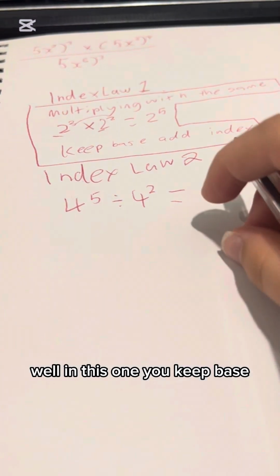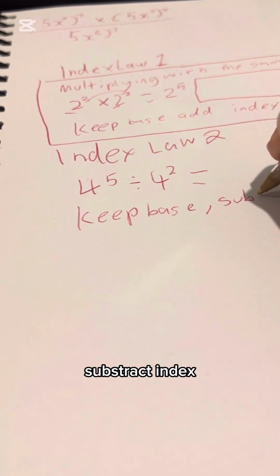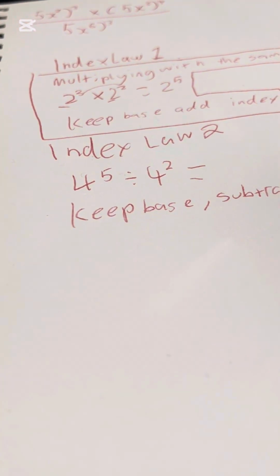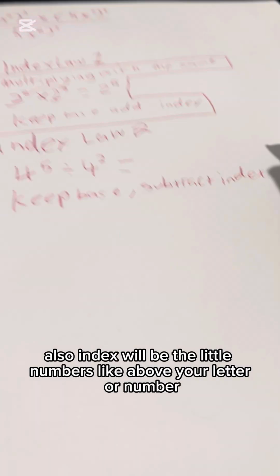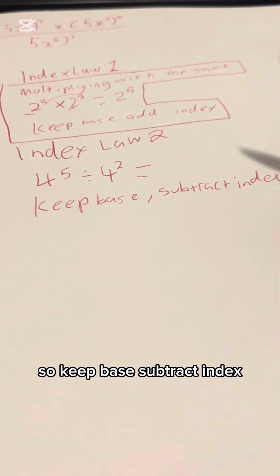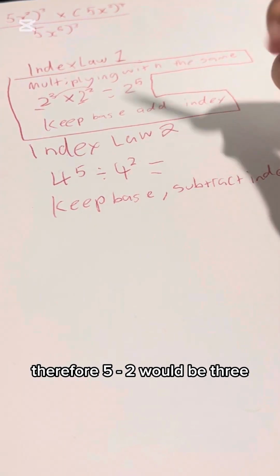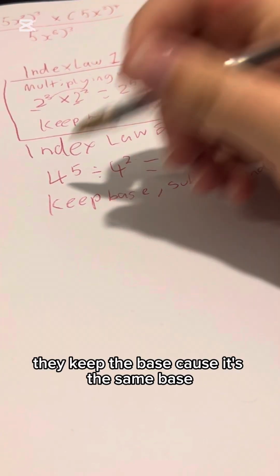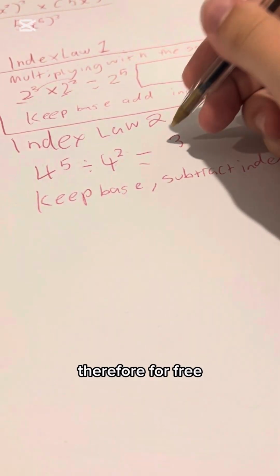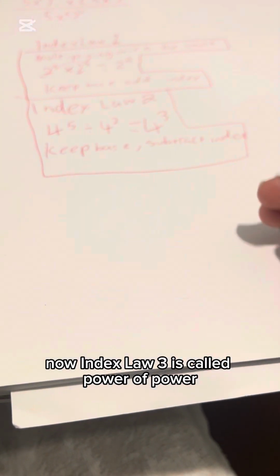Well, in this one, you keep the base, subtract the index. The index will be the little numbers above your letter or number. So, keep the base, subtract the index. Therefore, 5 minus 2 would be 3. We keep the base because it's the same base. Therefore, 4^3.